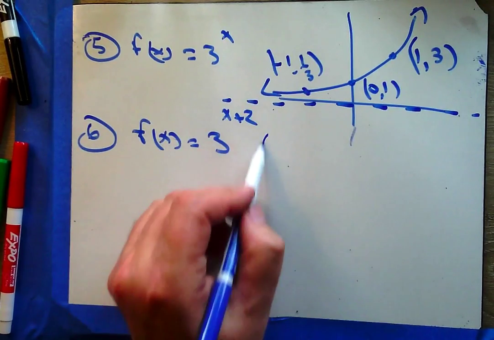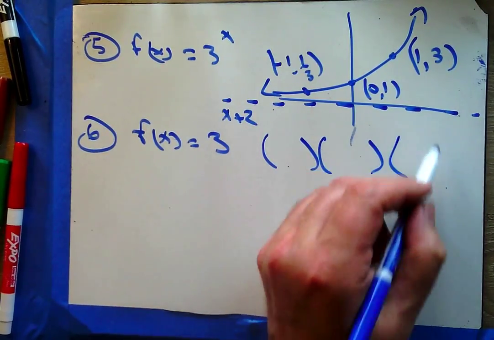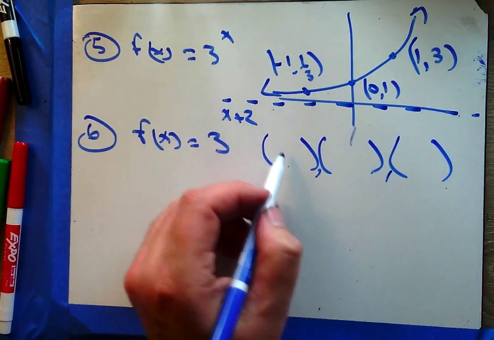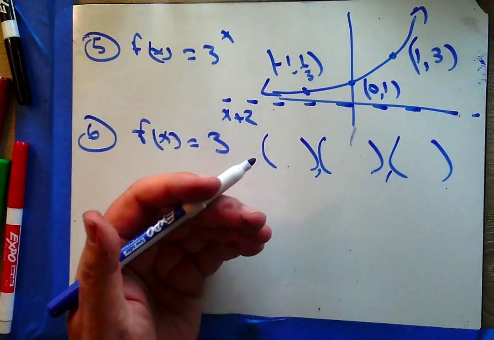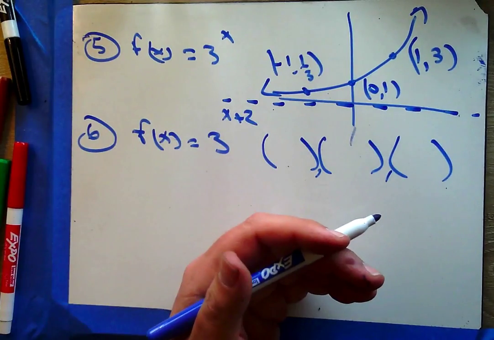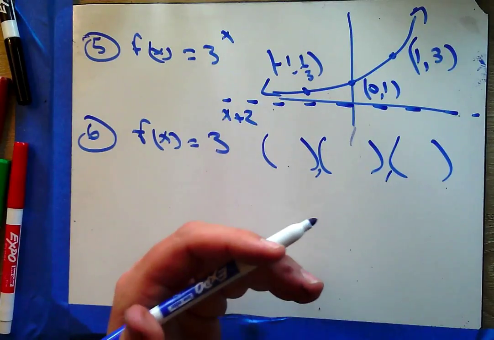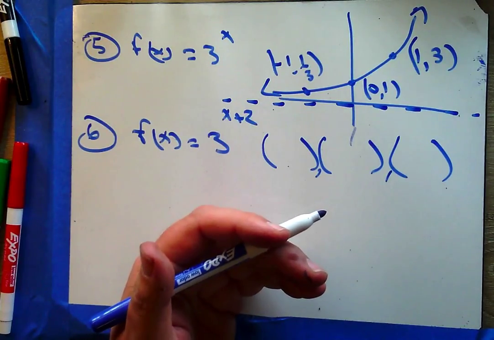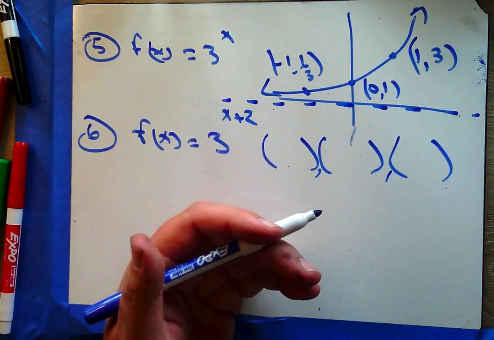Well, that's my 3 to the x shifted left 2. Yes, I would like to see some work. I do want to see these things. Because look, remember, this is AP Calculus, and in AP Calculus, your work is going to be read by probably 6 different high school and college calculus instructors.